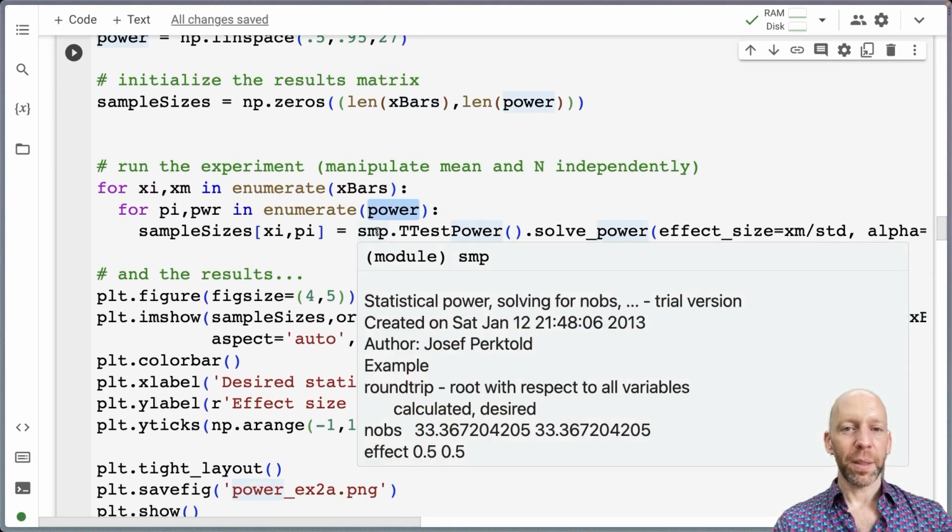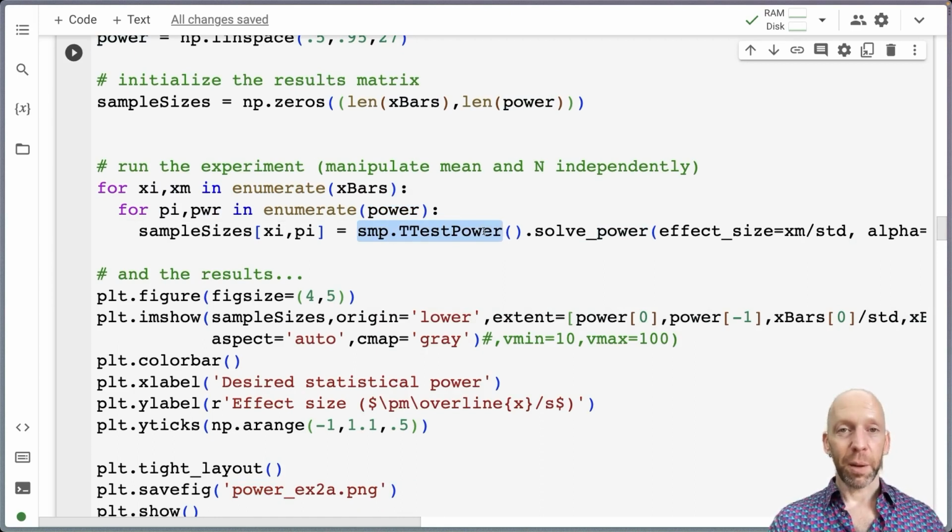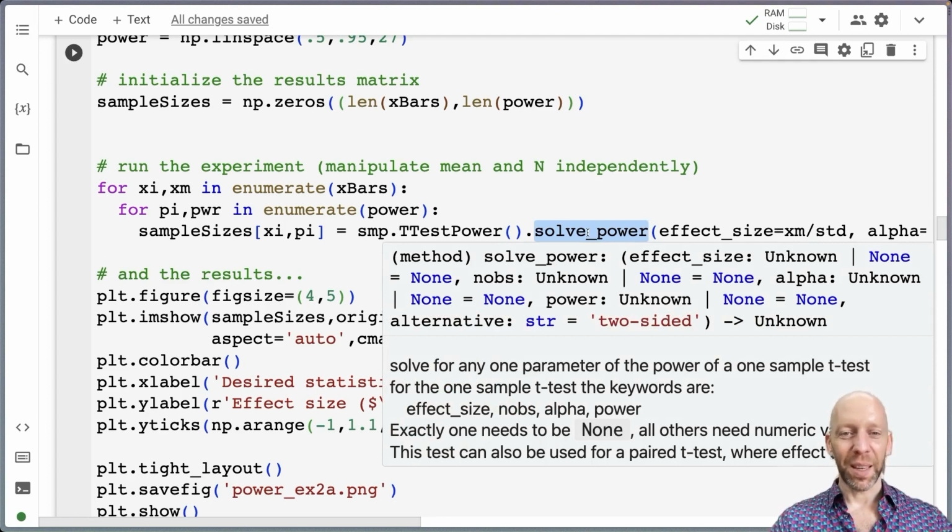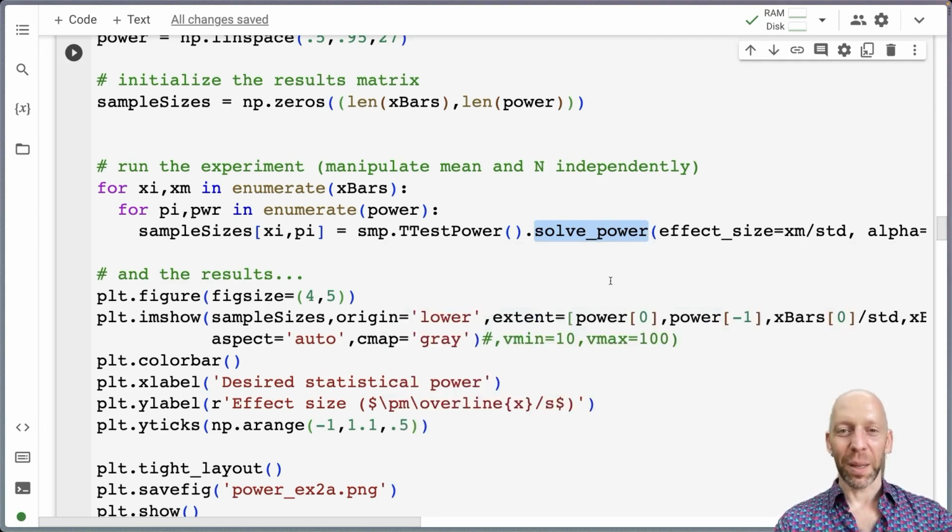And here is the formula. This is the same function that we used in the previous exercise, but now we are using a different method. This method is solve power. To me, that sounds a little bit confusing because we're not really solving for power, we're solving for sample size. But anyway, it's just a little bit of nomenclature.